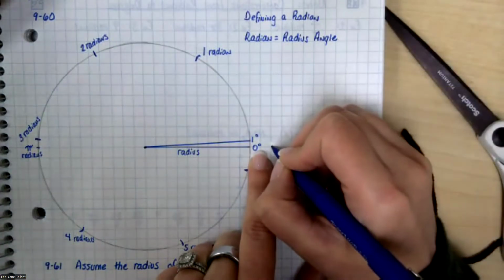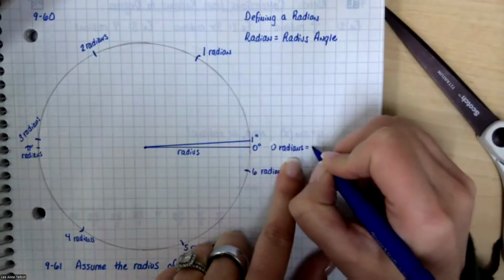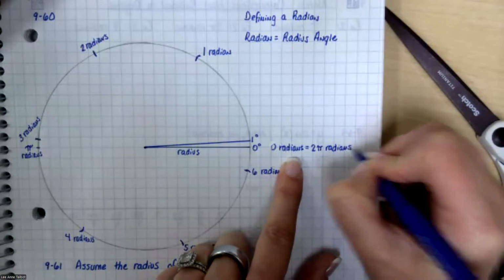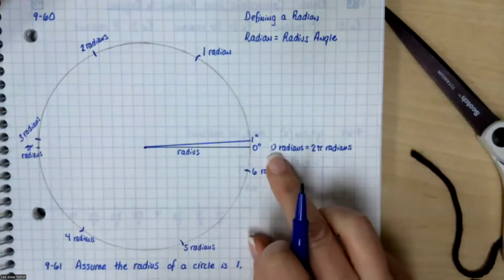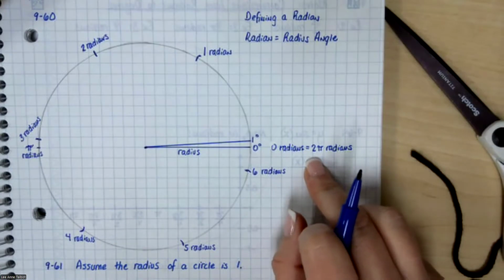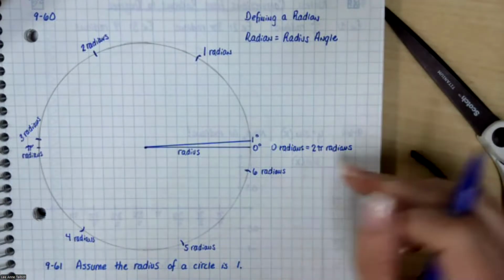Okay, this spot here is 0 radians. It's also 2 pi radians. 0 meaning the start, 2 pi meaning 360. It's also 4 pi and 6 pi and 8 pi, and negative 2 pi and negative 4 pi and negative 6 pi to infinity.